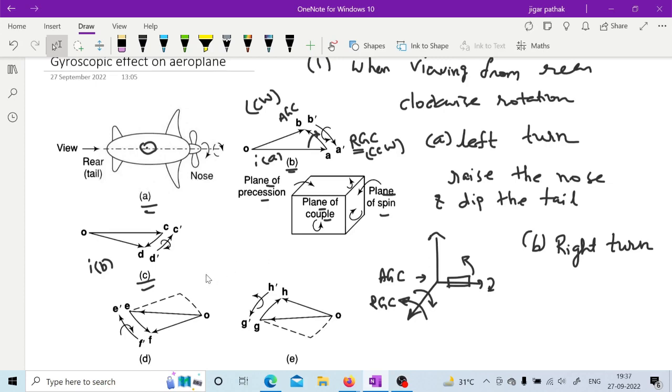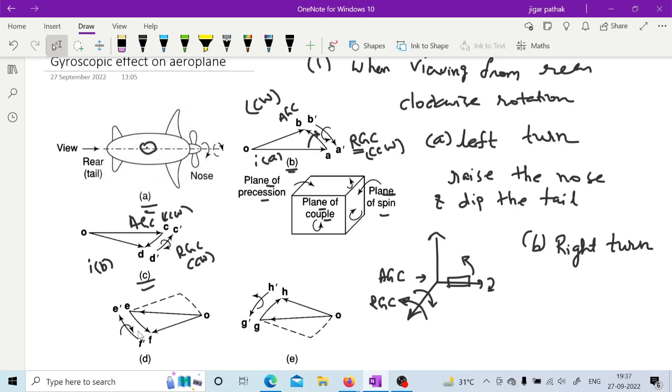Okay, but you understood why it will be like that? Because the spin axis is going to rotate about the precession axis in this way, and because of that the active gyroscopic couple will be in anti-clockwise direction, so the reactive gyroscopic couple will be in clockwise direction.